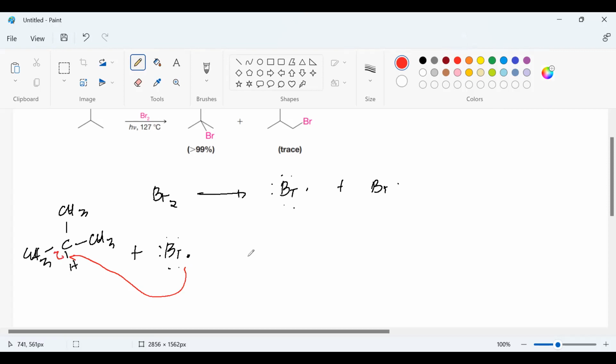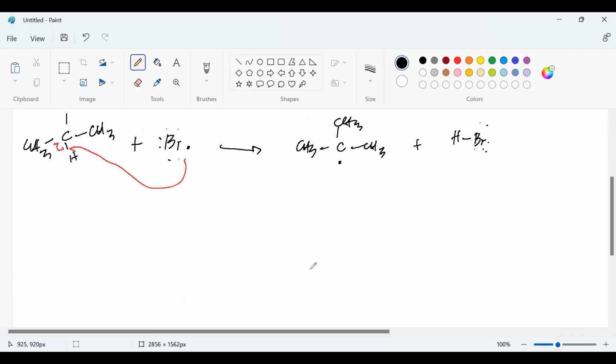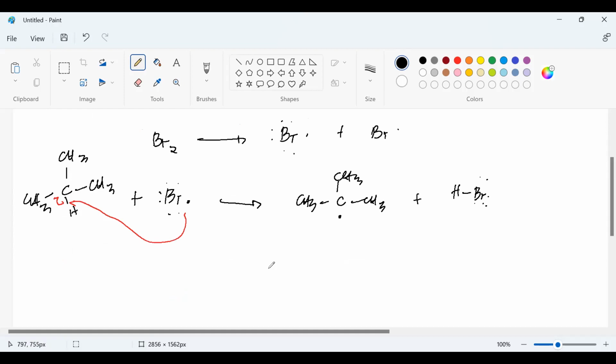Okay, one side now. So what we actually obtain is CH3, C, CH3, CH3, and you have your dot. Of course, you have your dot plus your HBr. You will form it by homolytic bond formation. You have your HBr, and you have your radical here. You will form it with another Br dot.